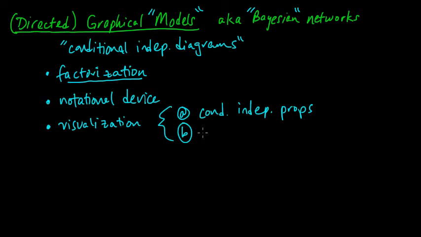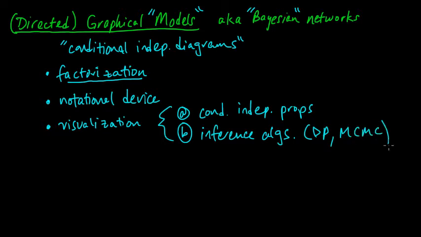And also, somewhat related, is visualizing inference algorithms for a particular model, for a particular probability distribution. Inference algorithms that are often used on graphical models are things like dynamic programming and Markov chain Monte Carlo and so forth.